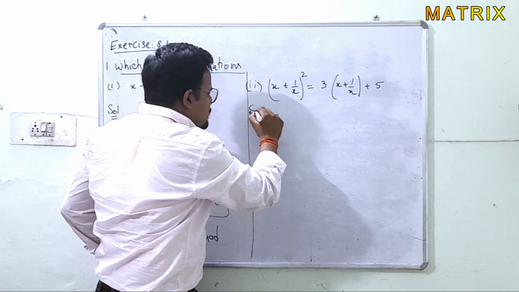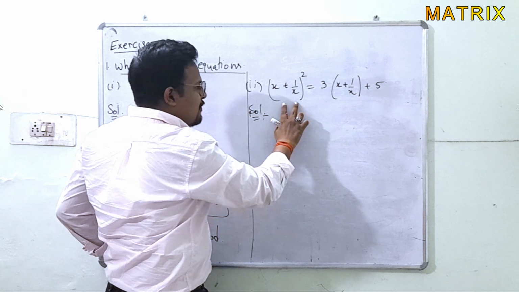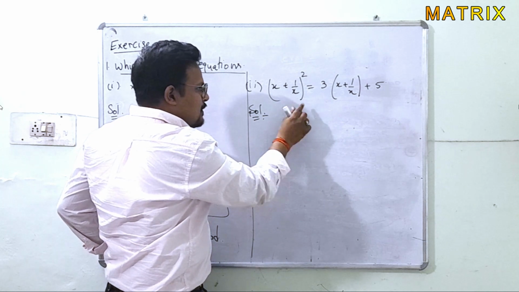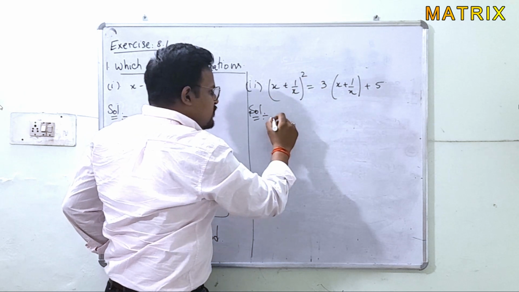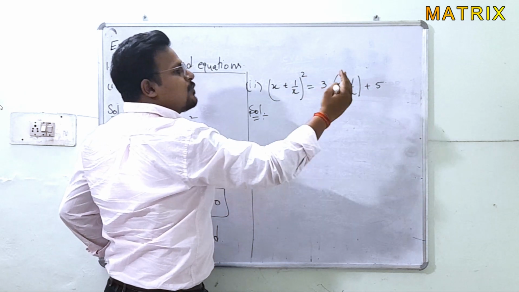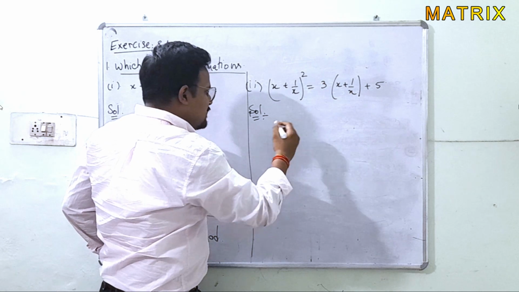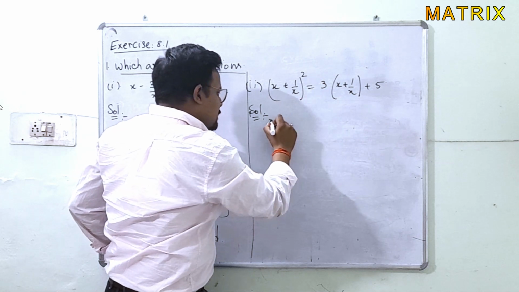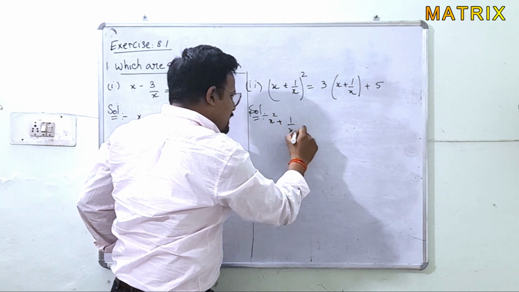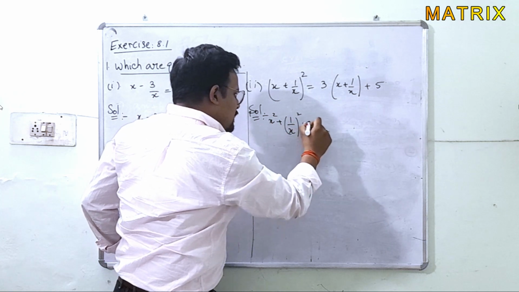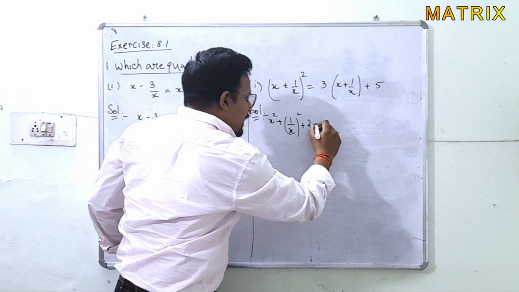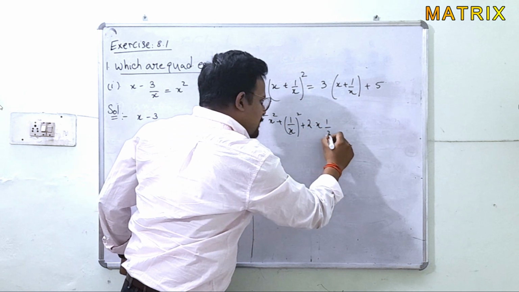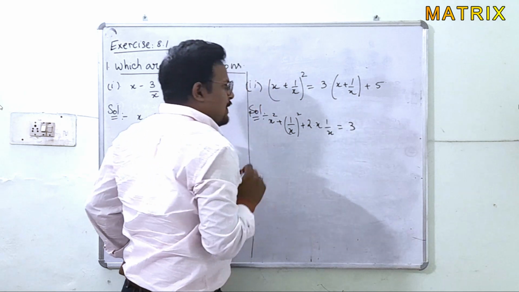We will first solve this polynomial. We have x plus 1 by x raised to power 2. How will we solve this? Using a plus b whole square, which is a square plus b square plus 2ab. This will be x square plus 1 by x whole raised to power 2 plus 2 multiplied by x multiplied by 1 by x. When I write this, x multiplied by 1 by x is equal to 3.